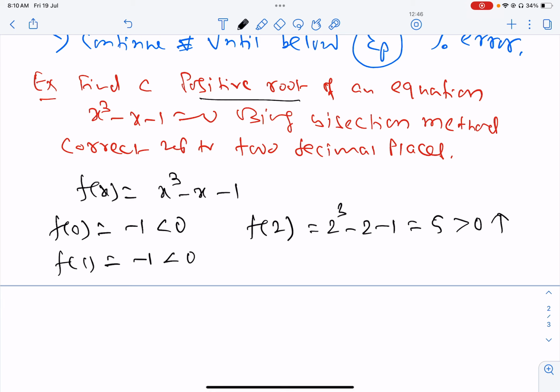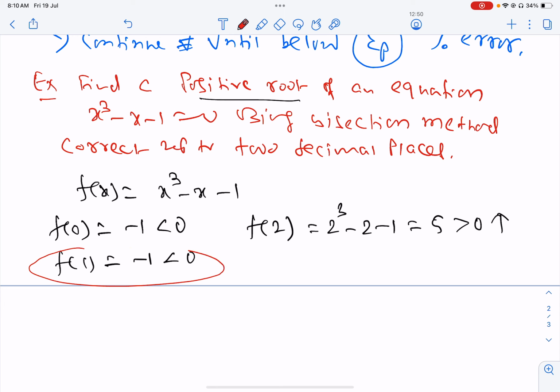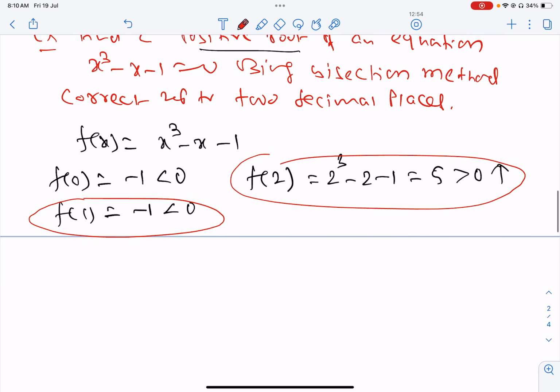That means f1 is negative, f2 is positive. So you can say that there is a root in the interval 1 to 2.